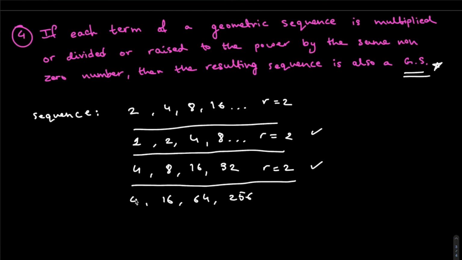It's actually 4. 4 times 4 is 16, 16 times 4 is 64, 64 times 4 is 256. But it's still a geometric sequence, and that's what matters. I've just shown you division, multiplication, and exponent, and I'll just write e to the power x. We did all that, and you can still see it's a geometric sequence.